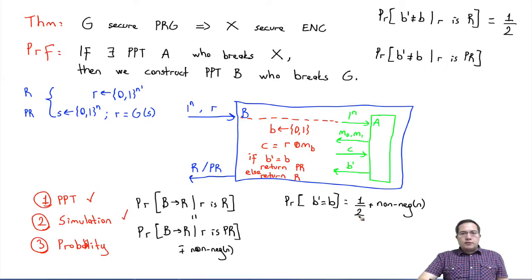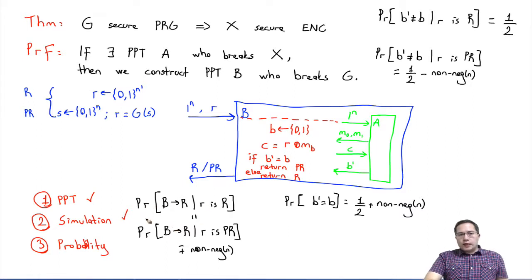If it wins with 1 over 2 plus non-negligible, it will lose with 1 minus this, and 1 minus this will be 1 over 2 minus non-negligible. So when R is pseudorandom, the adversary loses with 1 over 2 minus non-negligible probability, and whenever the adversary loses, B says R was random.